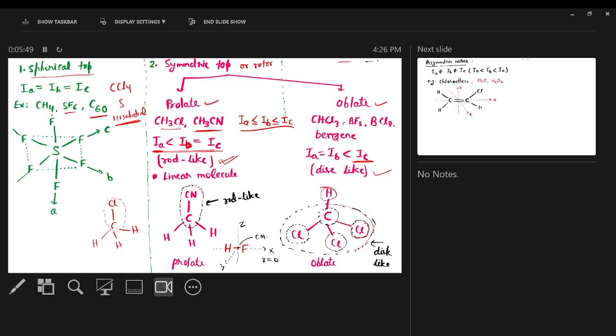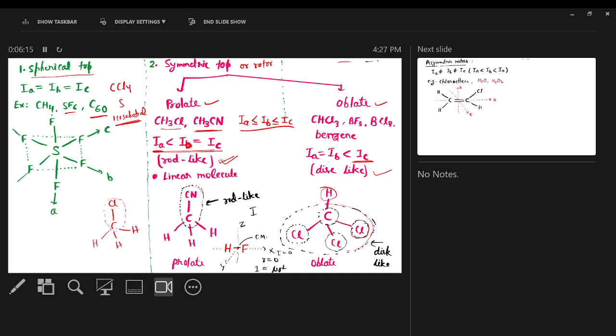And the moment of inertia is defined as I equal to mu R square. So along the x-axis, I will be 0. And on the y or z axis, we will have similar moment of inertia, because the R will be the same and the reduced mass will not change in any direction.